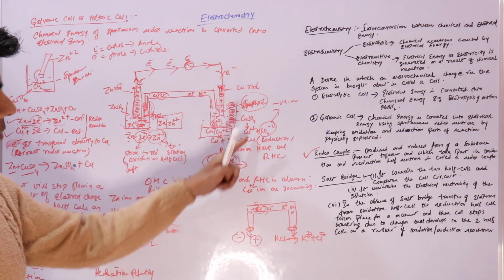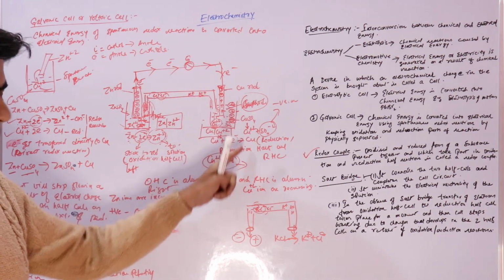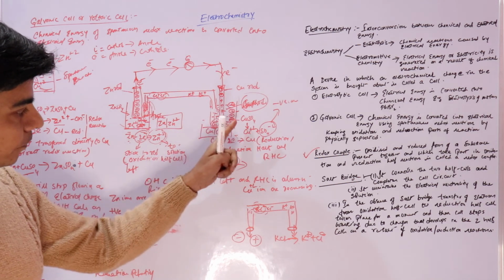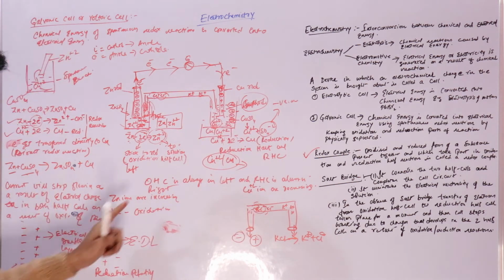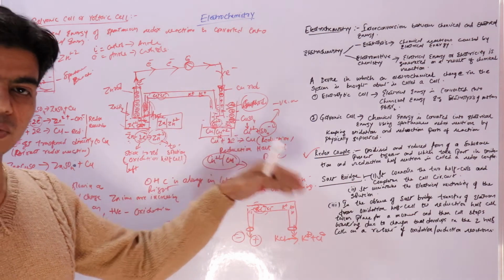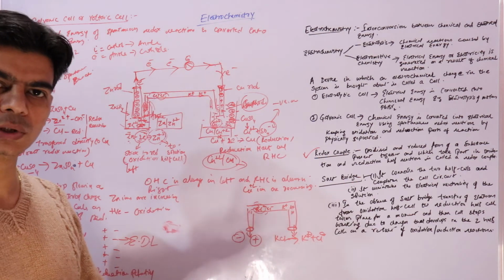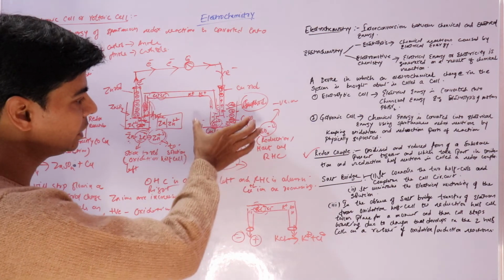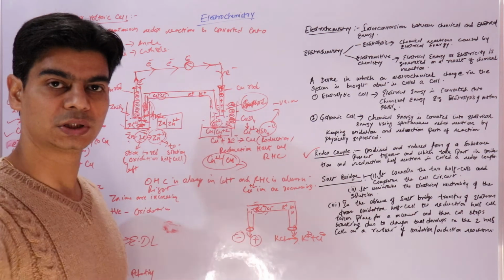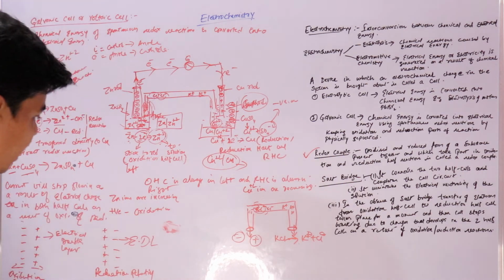Same is for this half cell, copper. We know the reduction potential of copper is high. So what about its oxidation potential, the ability to lose electrons? It would be equal to its reduction potential but opposite in sign, which would be very less.